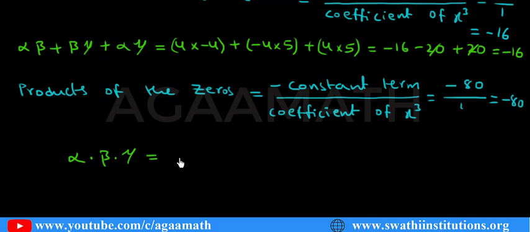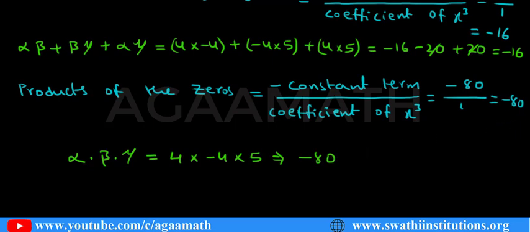So that is equals to, alpha is 4, beta is minus 4, and gamma is 5. So 4, 4, 16, 16, 5 is 80, so here we have minus, so that becomes minus 80. It means even with the zeros it is minus 80, with the coefficients minus 80.